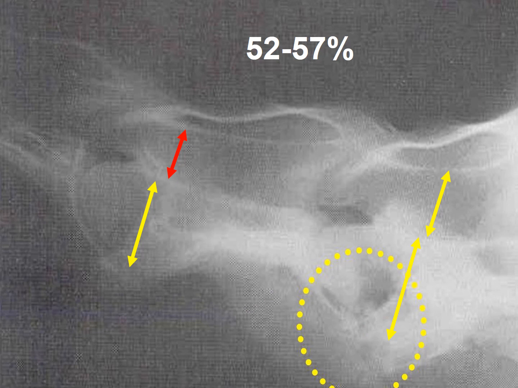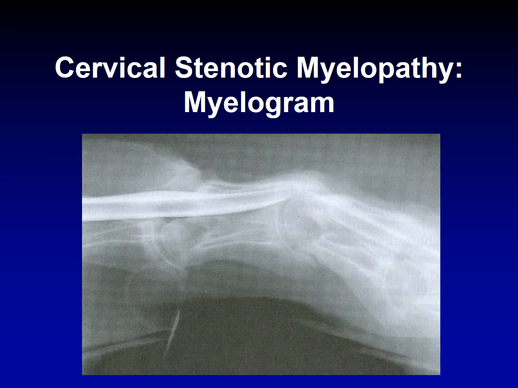Same thing here. When we do, for example, a myelogram, this is a picture of the myelogram, and you can see clearly how the spinal cord is being compressed by this vertebra. Because of this compression, you automatically should think that we definitely have a problem with the neurological status of the horse.